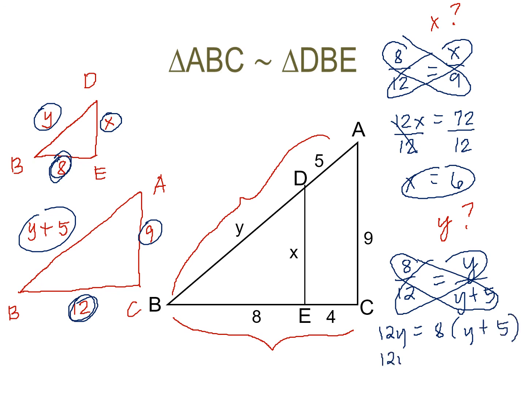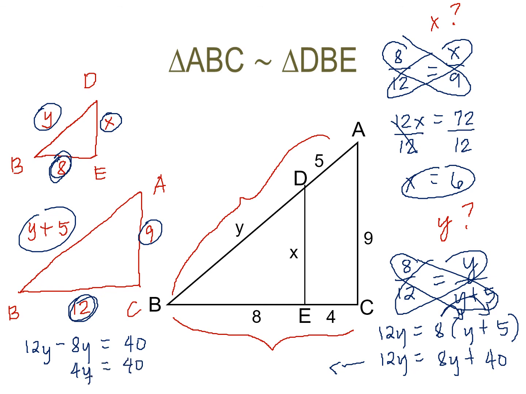Apply distributive property, we have 8 times y is 8y, 8 times 5 is 40. Let us transpose 8y to the left side of the equation, so we have 12y minus 8y is equal to 40. 12y minus 8y is 4y, and then divide both sides by 4.